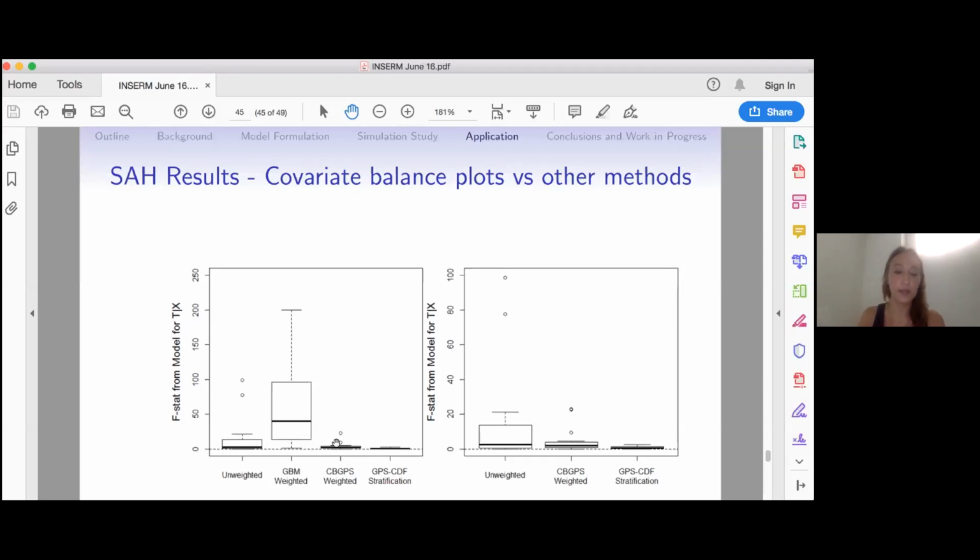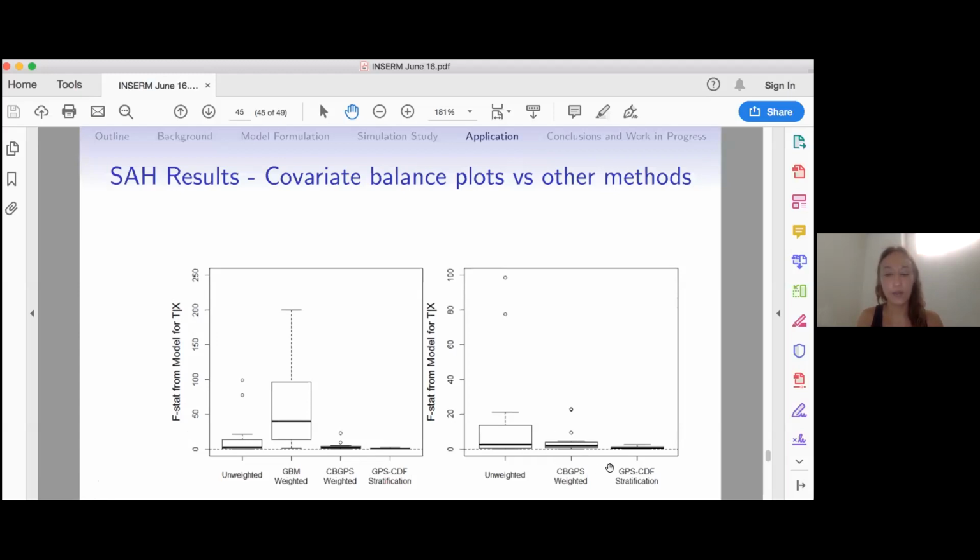Does okay in terms of getting an F statistic close to 0, meaning inducing balance in this data set for this continuous treatment. We're not using standardized mean differences here because we have a continuous treatment. We need to use something different, and this is generally what is used. It's an F statistic on T versus X linear regression model.